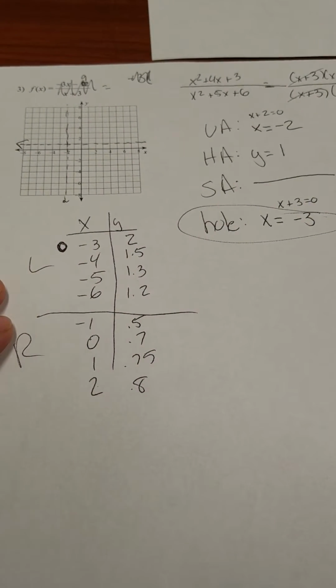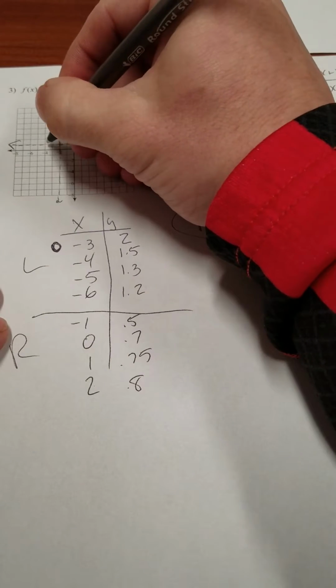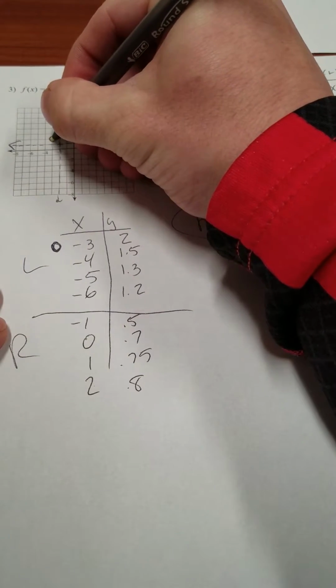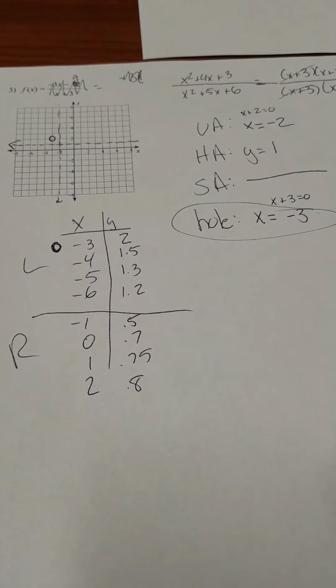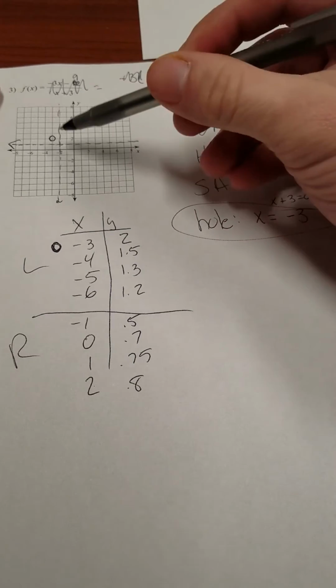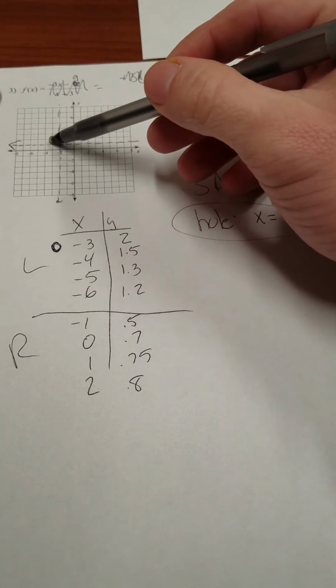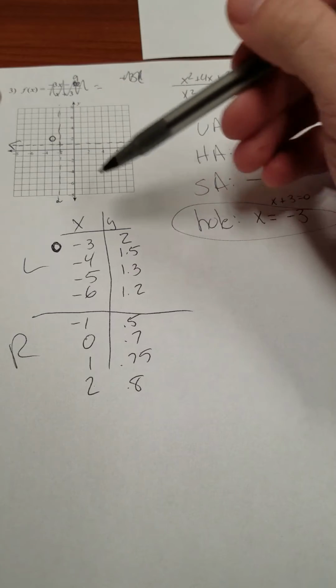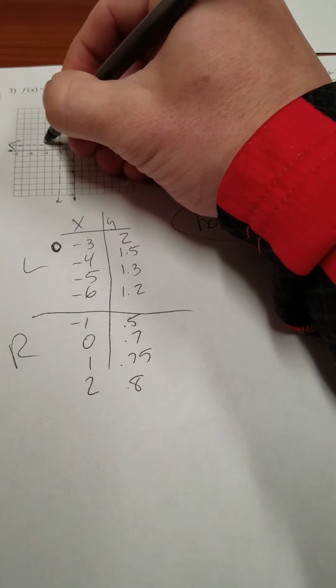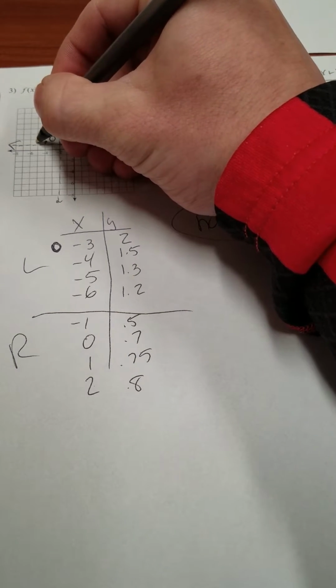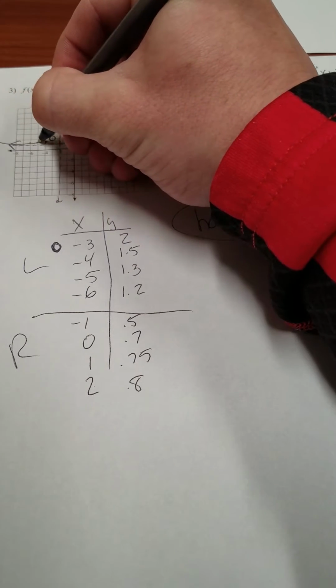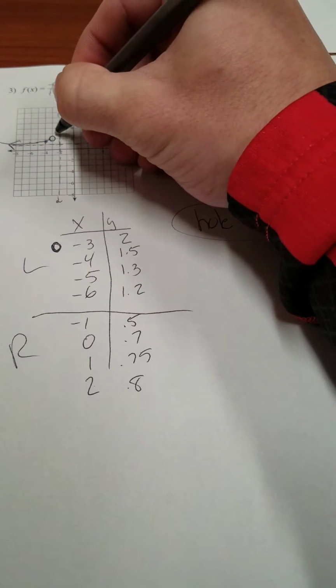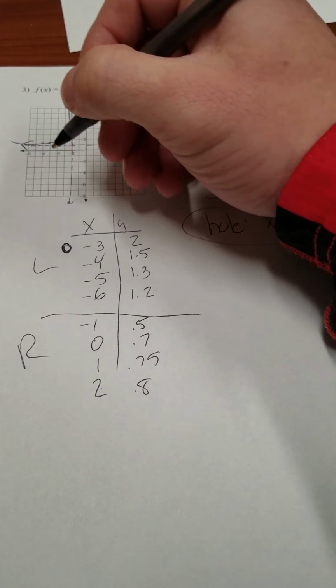Now, at -3, positive 2, what I need you to do is put an open circle. That shows that our graph does not exist at that point. Okay, it's going to go all the way up to that point. No point exists, and it's going to continue on to -4 or positive 1.5. So it's doing something like this. It's coming in, it hits the hole, and then it continues going about its own little business.